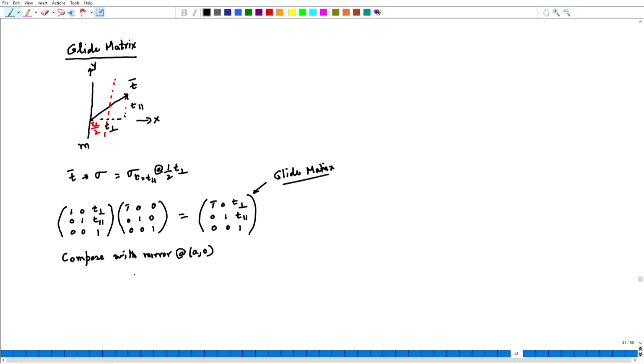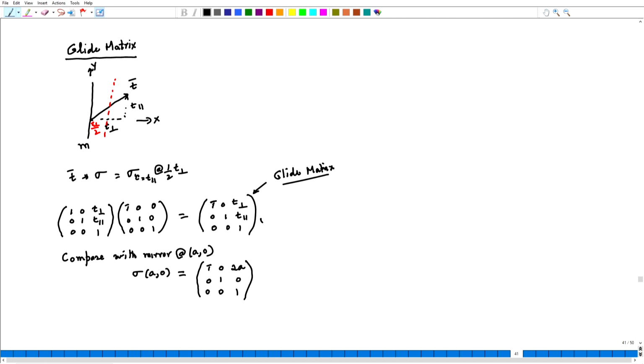So, this is sigma at a comma 0, and this matrix, remember, we had derived it as minus 1 0 2a, 0 1 0, 0 0 1.